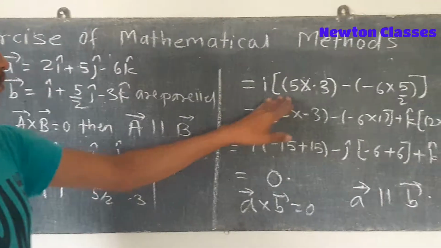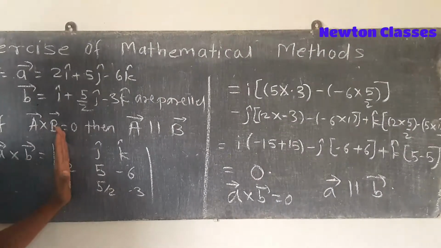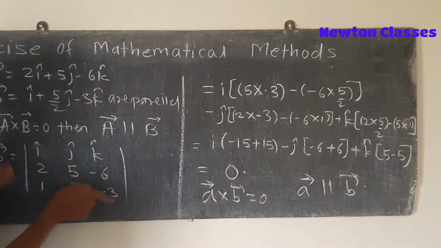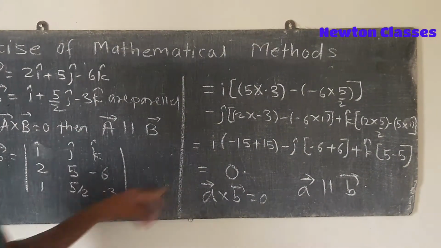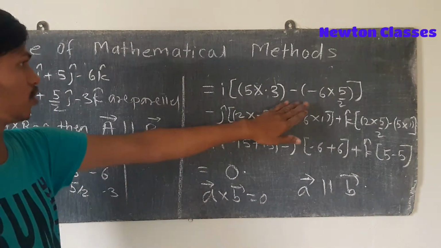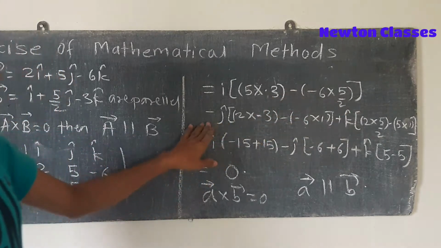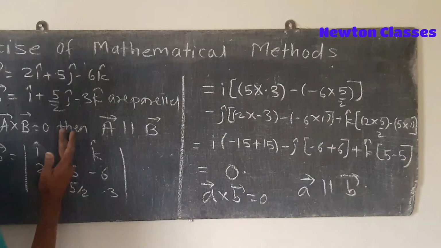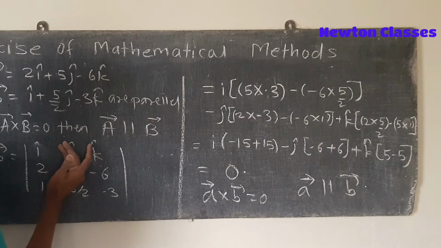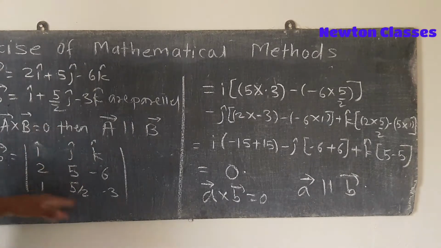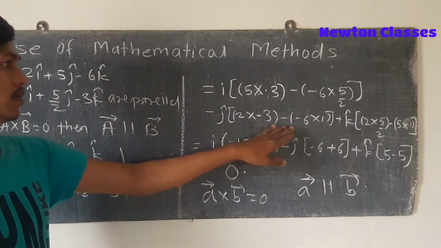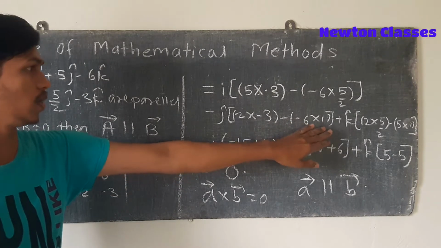Now we have to solve this 3 by 3 determinant. First, i cap in bracket: we eliminate this column and this row, and we solve this, that is 5 multiplied by minus 3 minus of minus 6 into pi by 2, bracket complete. Minus j: we eliminate this column and this row, then we get 2 into minus 3 minus of minus 6 into 1.